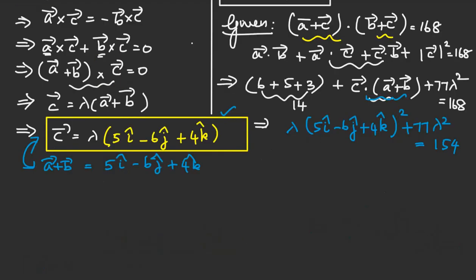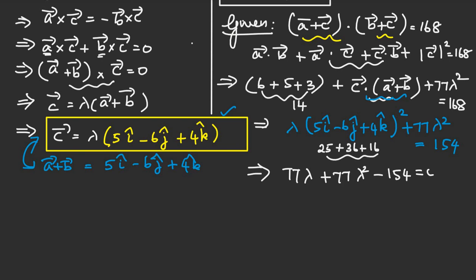Now, expanding the equation, 5² is 25, 6² is 36, plus 4² is 16. So adding these we get 77λ plus 77λ² minus 154 is equal to 0.